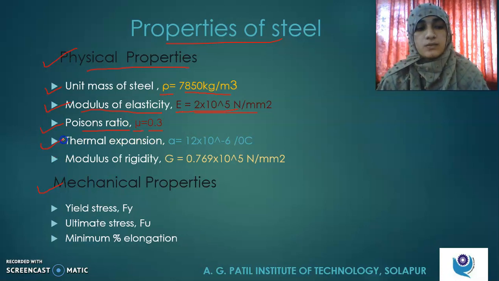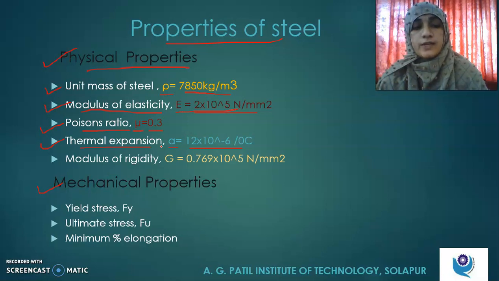Next property is thermal expansion. It is denoted by alpha, which we consider as 12 into 10 raised to minus 6 per degree Celsius. This property is also important for the calculation of thermal stresses. We know that steel can expand or contract, because of which stresses may develop.